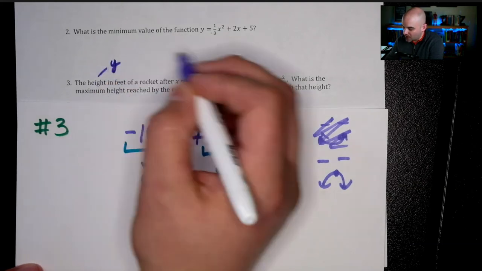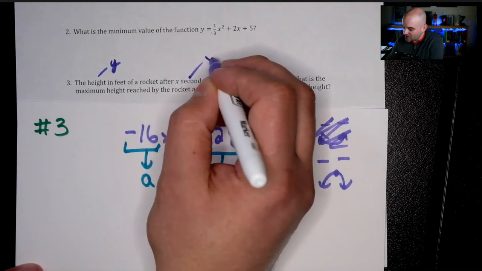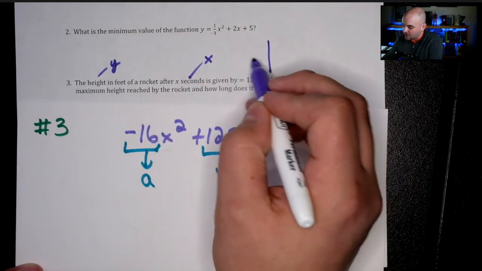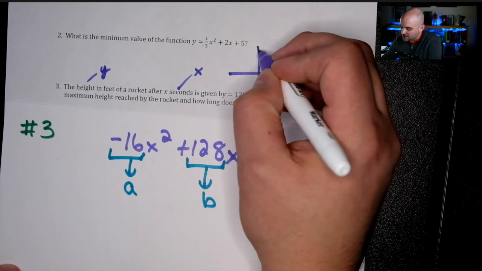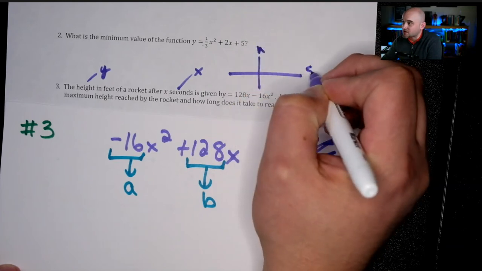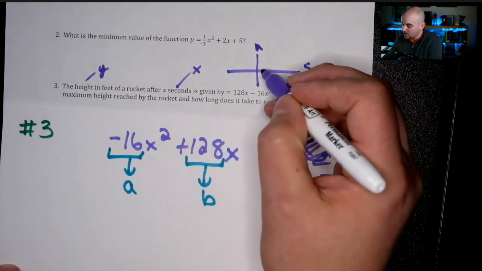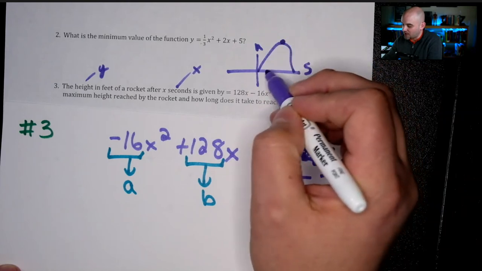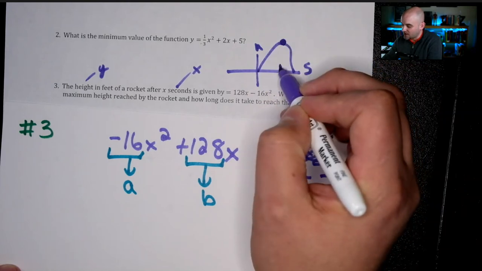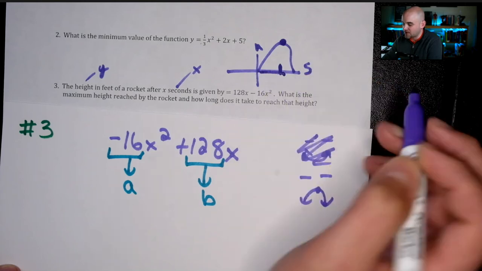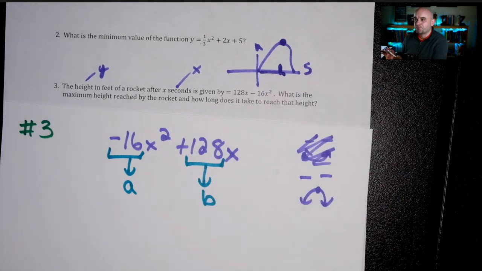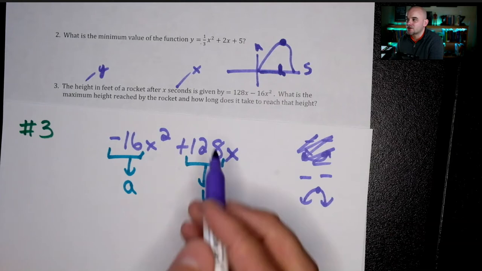So this is a Y value and time is an X. So if you're graphing this out, the Y-axis would be height and then the X-axis would be in seconds there. And you'd get some graph like that where H is your max height and right here is the amount of time it takes.